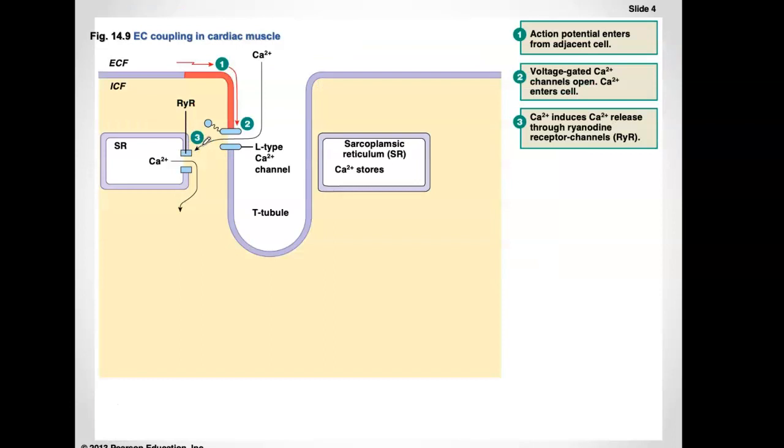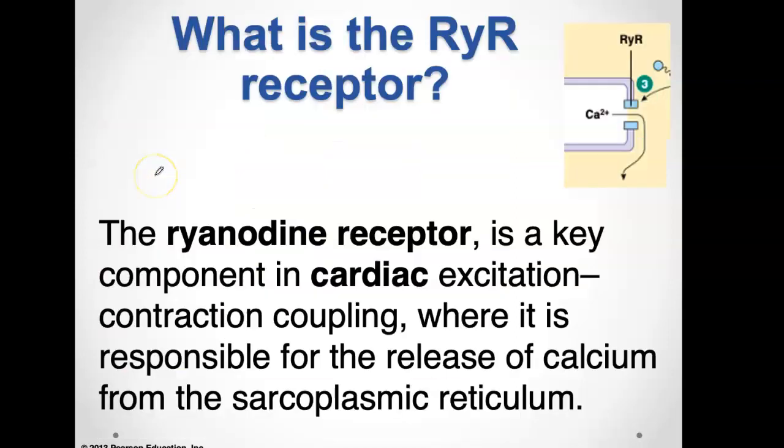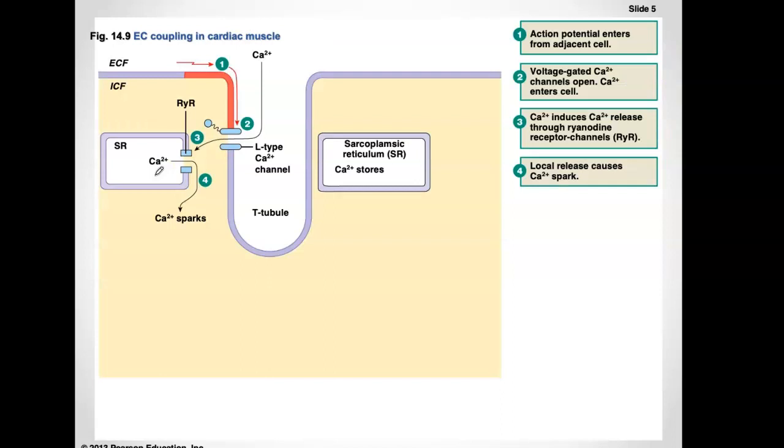Step 3, the calcium is going to induce a calcium release through a ryanodine receptor. Another different receptor now. This is the sarcoplasmic reticulum, and they're illustrating it on both sides. Once it hits the sarcoplasmic reticulum, it's going to stimulate the release of calcium. So weird that it's calcium stimulating the release of more calcium.